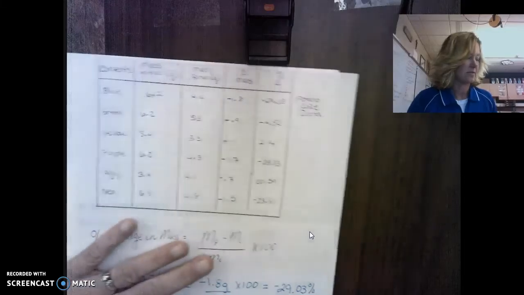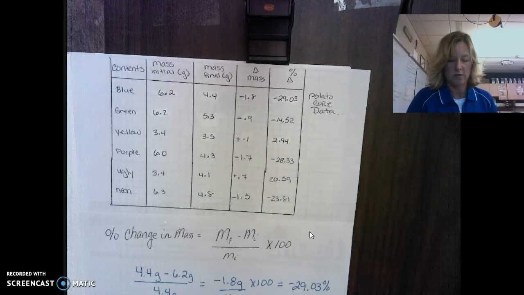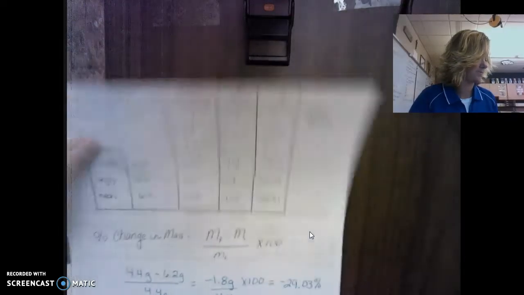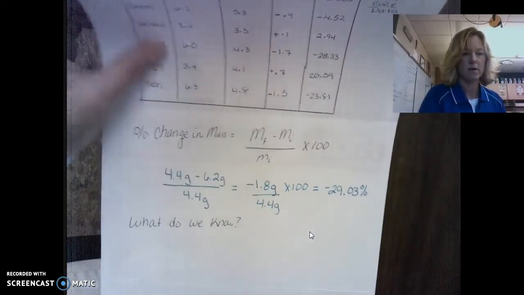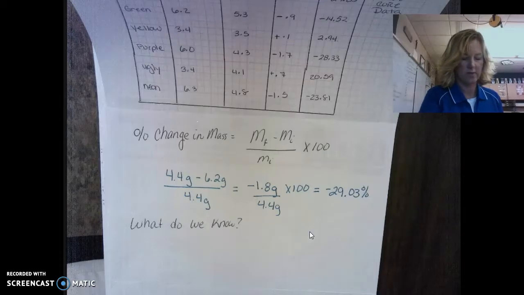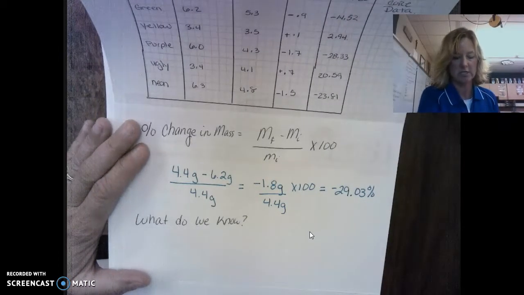All right, so now we have to figure out part 2, which is blue. The blue solution is what molar concentration? The question I have for you is, what do we already know? Well, we already know that we have 6 different solutions, and we know the concentration of each.